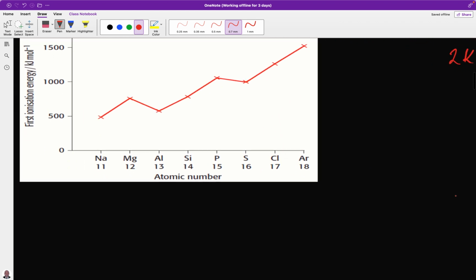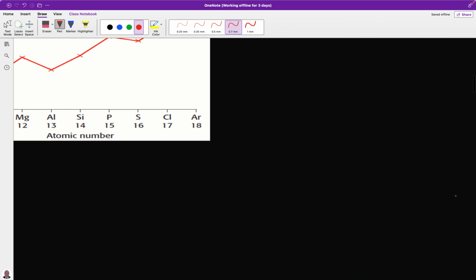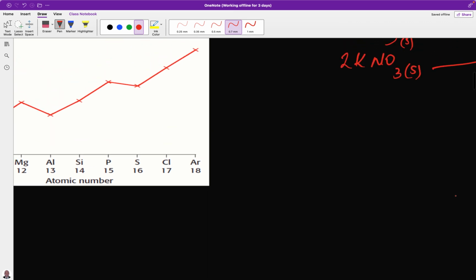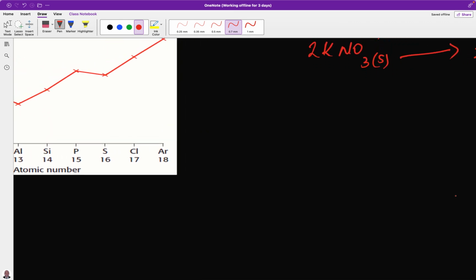And how does it vary? As you go down the group, the atomic size of the elements is increasing. So, if the atomic size is increasing, the force of attraction between the nucleus and the outer electrons is decreasing.